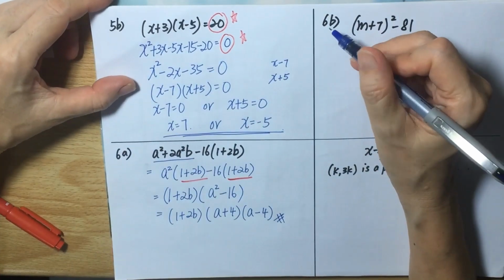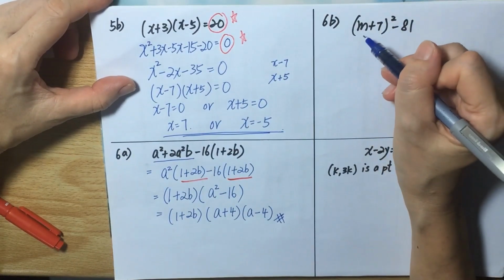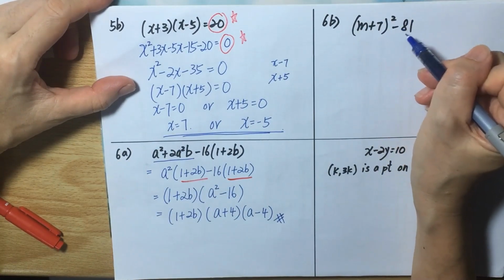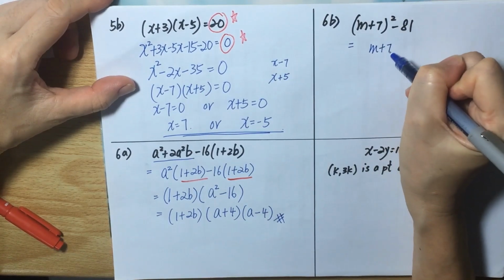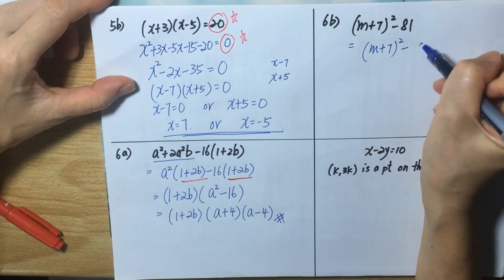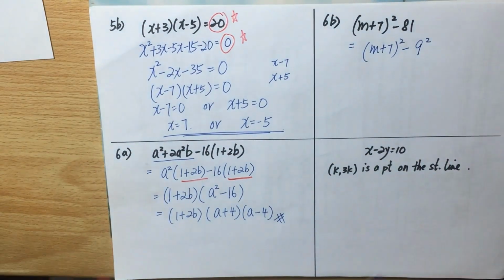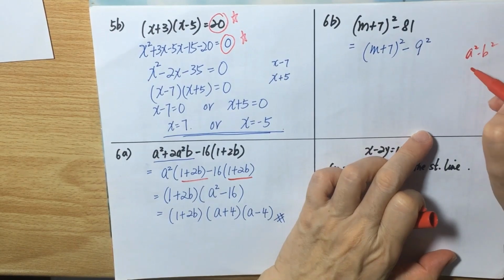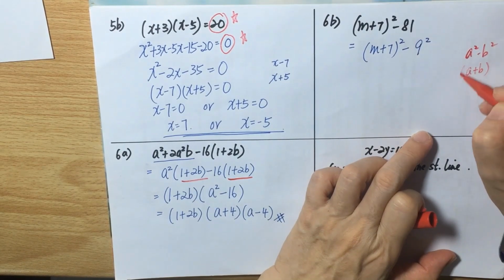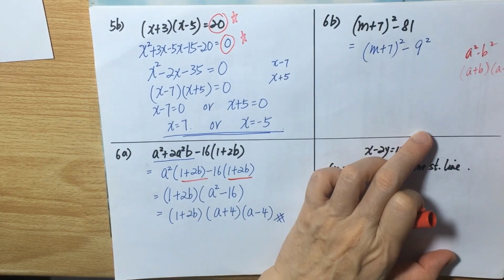Next, question 6b, m plus 7 squared minus 81. So I can say this is m plus 7 squared minus 9 squared. Isn't a squared minus b squared equal to a plus b times a minus b?